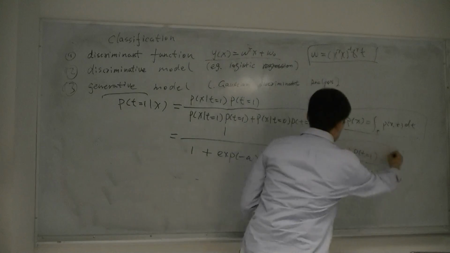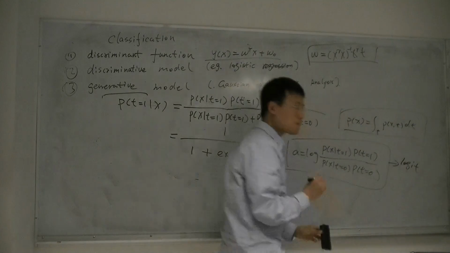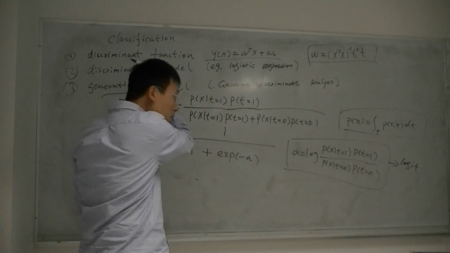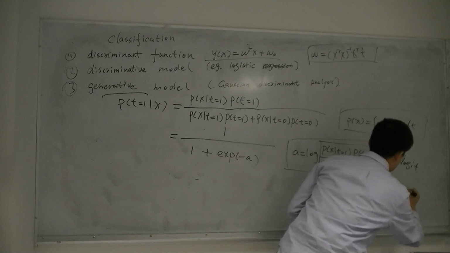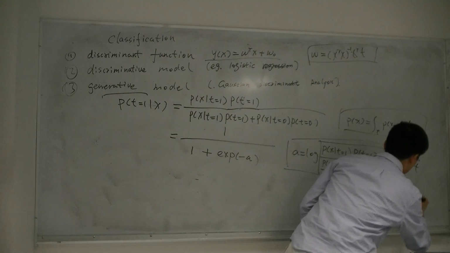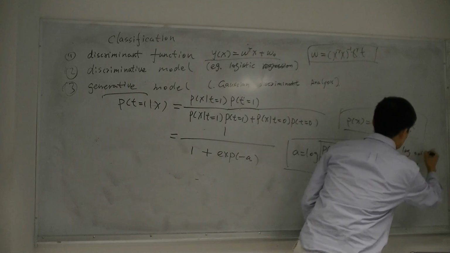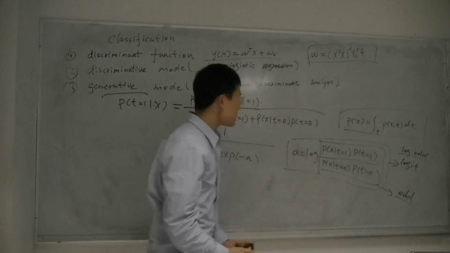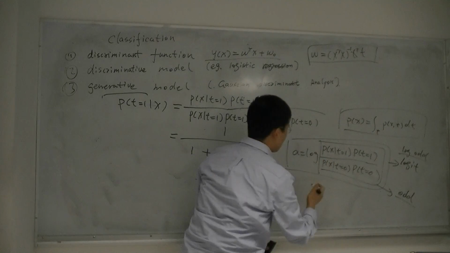So last time we called this the object function, and we call this term the odds. Why is this the odds?